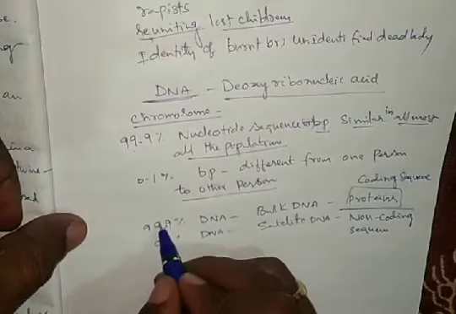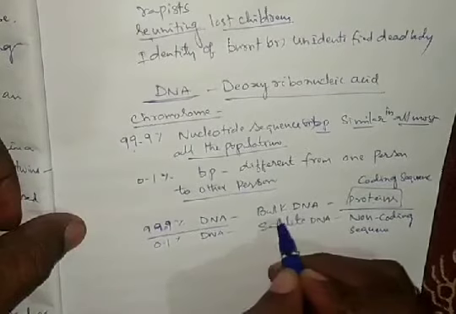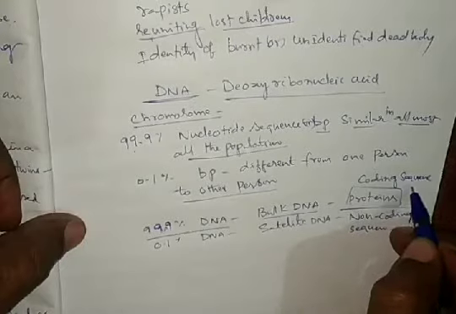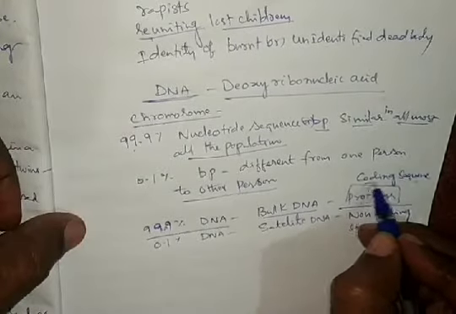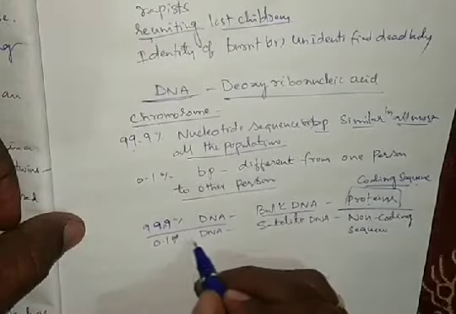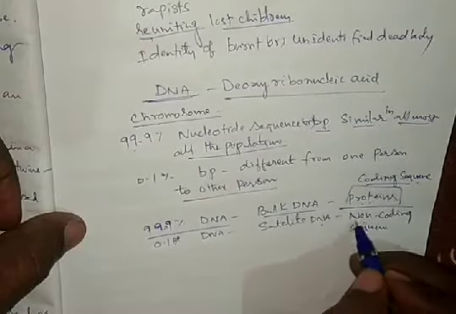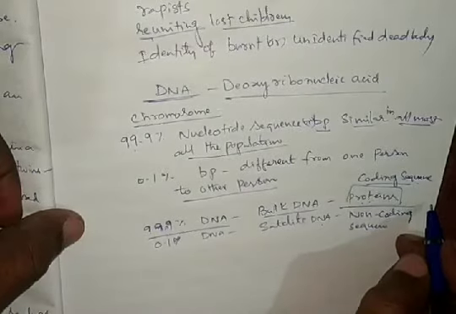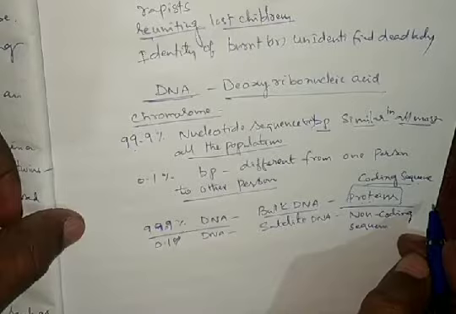So 99.9% of the DNA is called bulk DNA, a coding sequence that can code proteins. And 0.1% of the DNA, satellite DNA, is a non-coding sequence. It cannot code any proteins.